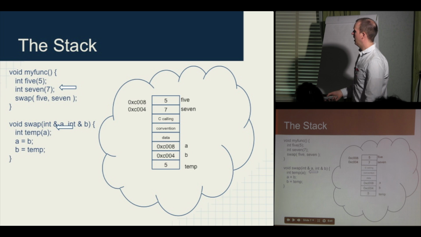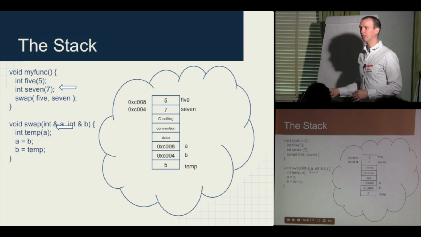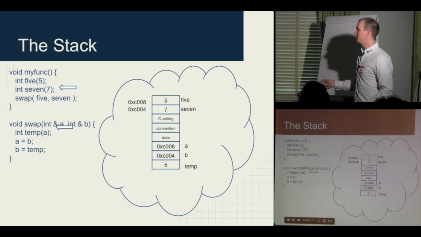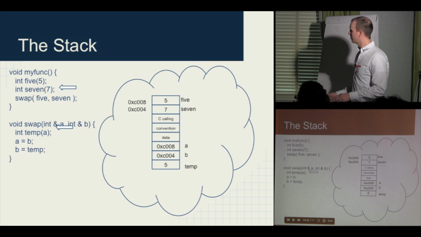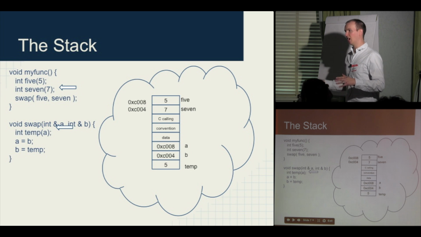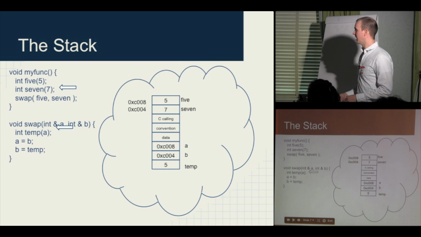What happens is a fair amount of data gets put onto the stack. First, some data is put on the stack for calling convention data. This is a way in which subroutines call each other and allows for some interoperability between languages.